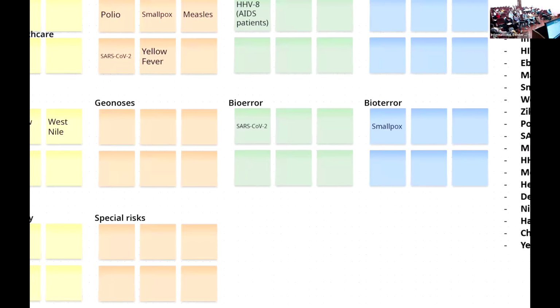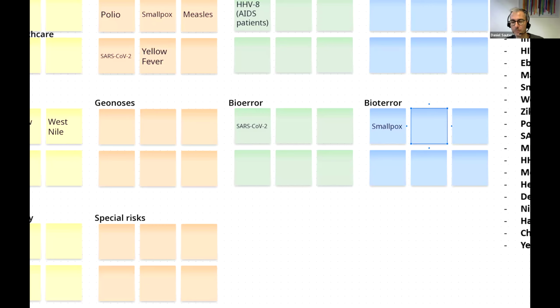Zika for the bioterror? Yes. I'm not sure whether Zika would be, let's say, a good agent. Sounds strange, but Zika depends on specific vectors, right? Without that vector, it cannot be transmitted from humans to humans, so it would not circulate. So it depends on the country, of course.